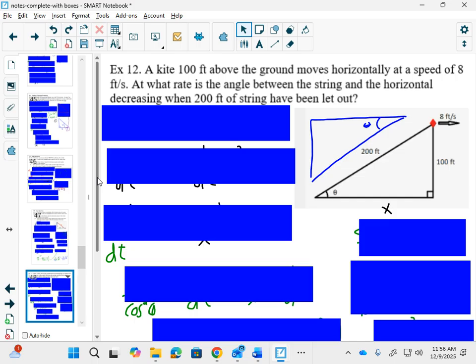What's changing? X is changing. You are a masterful kite flyer that you keep it constant at 100. You're going to let the string out just perfectly so that it maintains that 100 feet. Okay. Technically, I don't like my diagram a little bit because what else is changing? Okay.